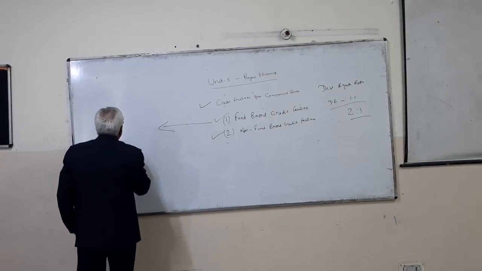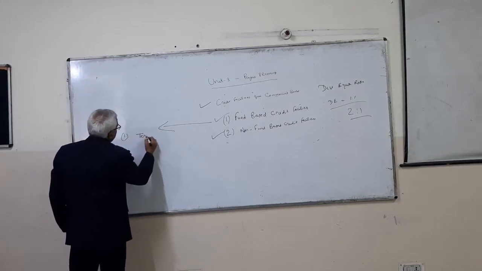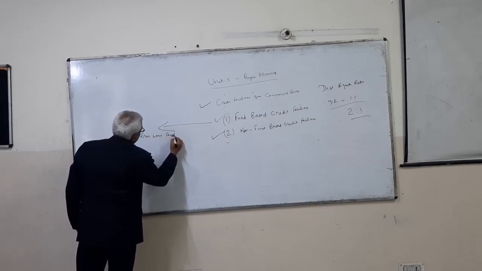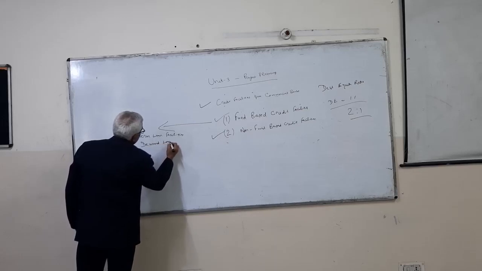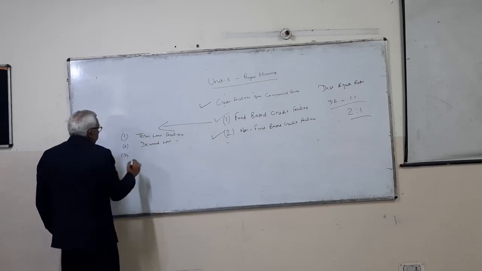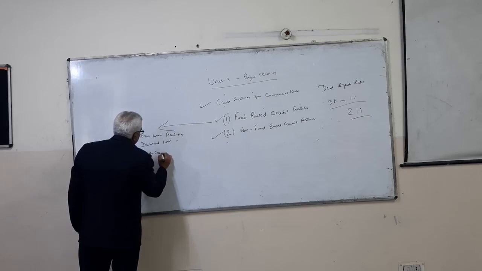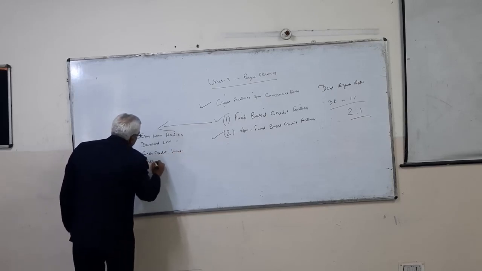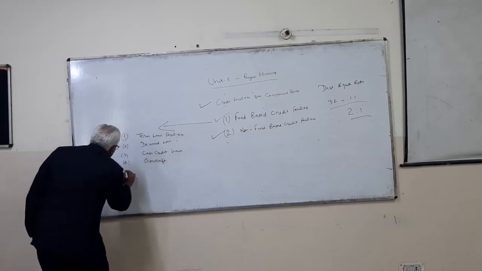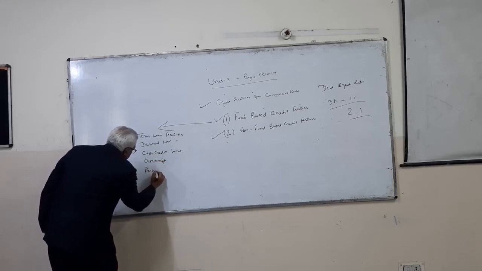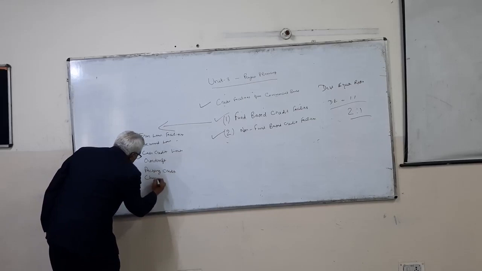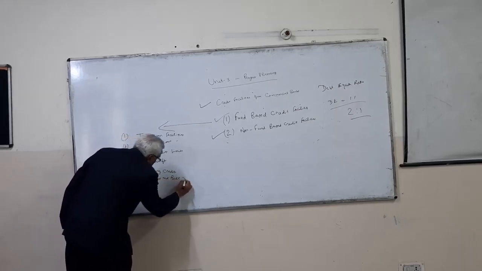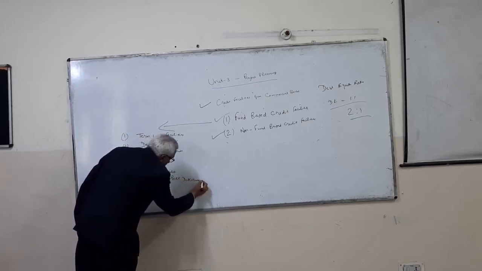Under fund-based credit facilities come term loan facilities, demand loan facilities, then cash credit limits, overdrafts, then packing credit, then cheques and bills discounting facilities.